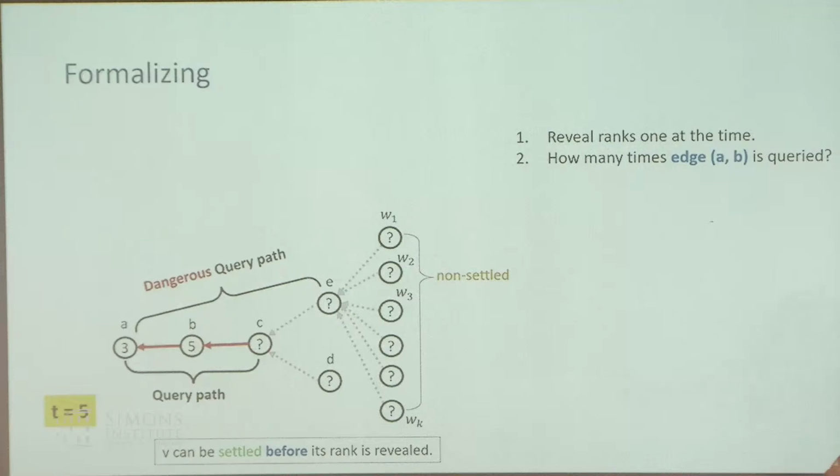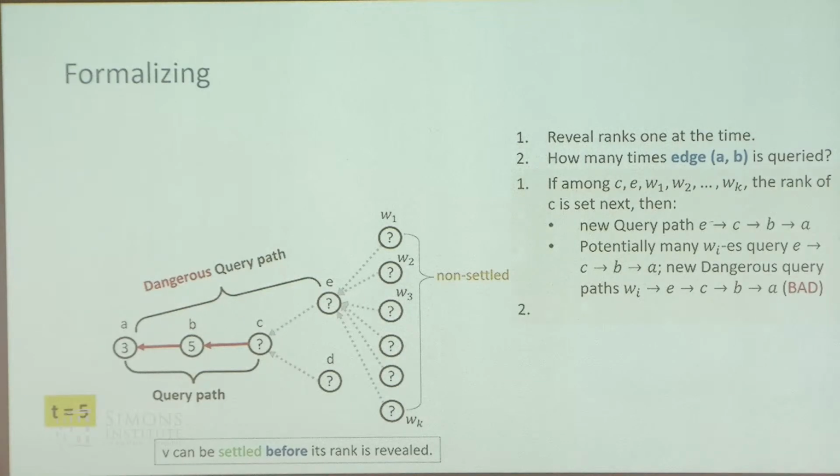A query path is what we really know by, say, time t equals 5 is going to be a query path. And a dangerous query path is the query path plus one look-ahead vertex, which is not settled yet. I want E also not to be settled, and none of this is settled. Now we are ready for the actual formal setup.